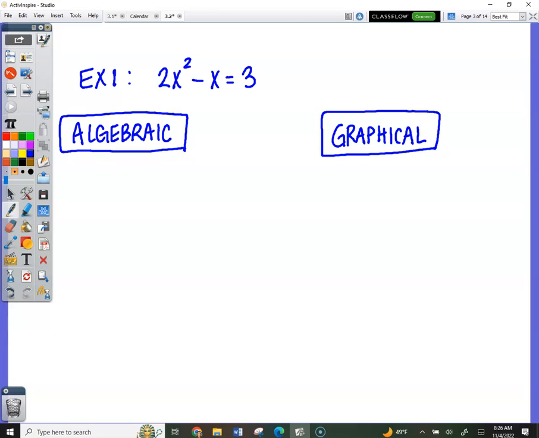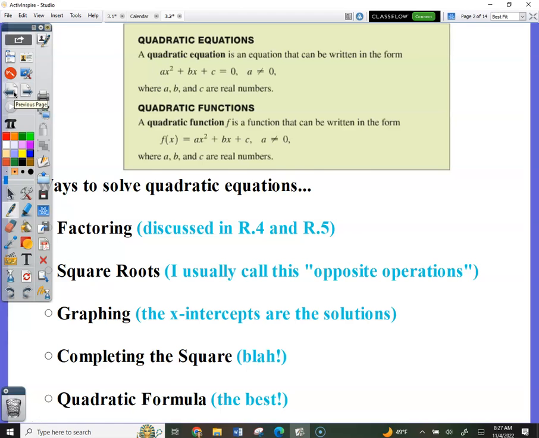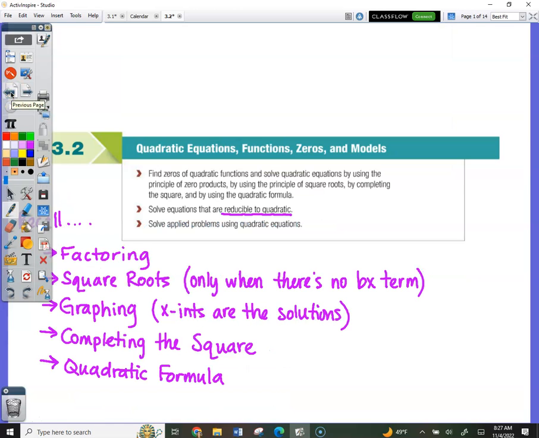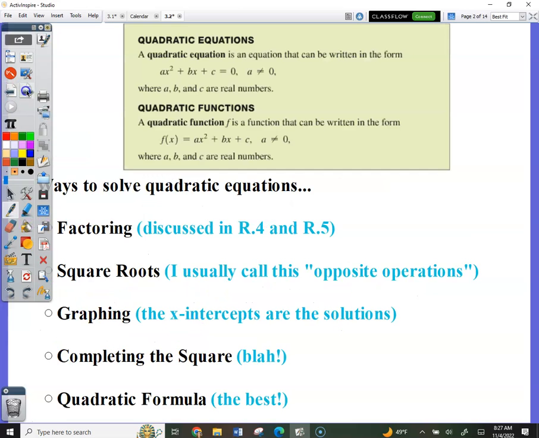Yeah. Okay. Algebraically, look at what you have. You have an equation. What's the power? The highest power, the degree. It's a 2. That's a quadratic. Is the bx term in there? Bx term means the x to the first power. It is, which means we cannot solve by square roots, because you can only do square roots when that bx term is missing.